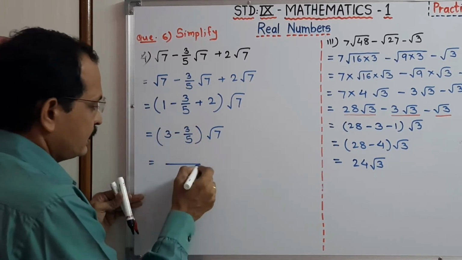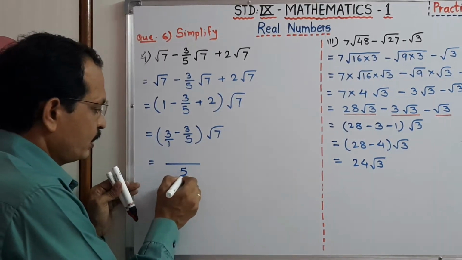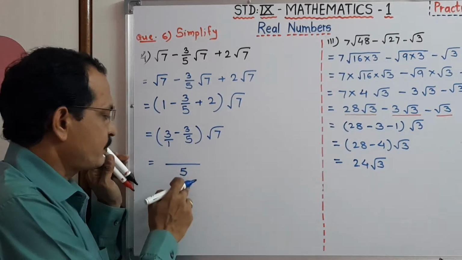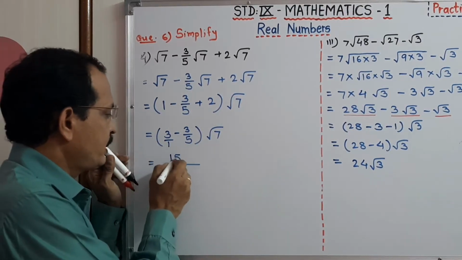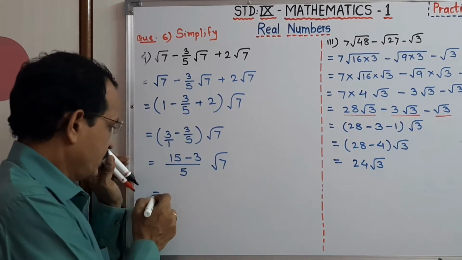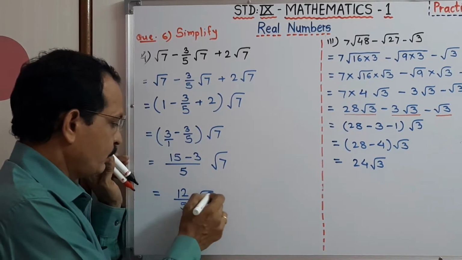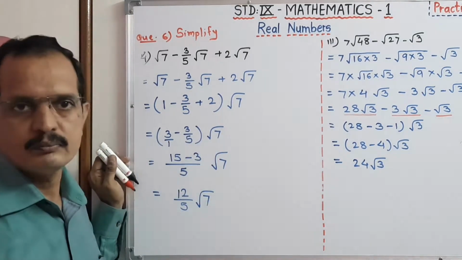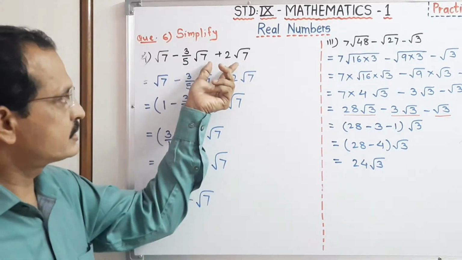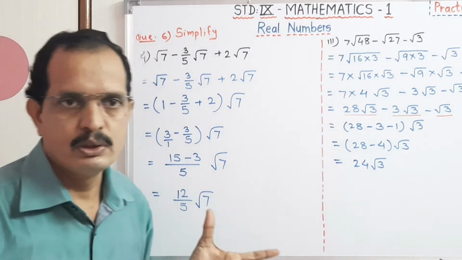Simplify this, it is 3 upon 1, 5 ones are 5, denominator is not same, therefore we have to do the cross multiplication. 5 ones are 5, 5 threes are 15 minus 3 ones are 3 root 7. Now it is 12 upon 5 root 7. All these are like surds and therefore we are doing simply addition and subtraction.